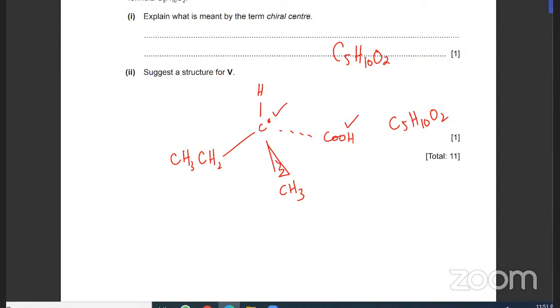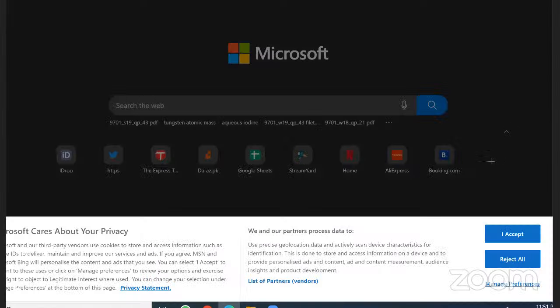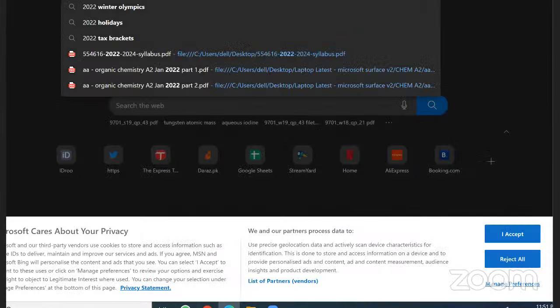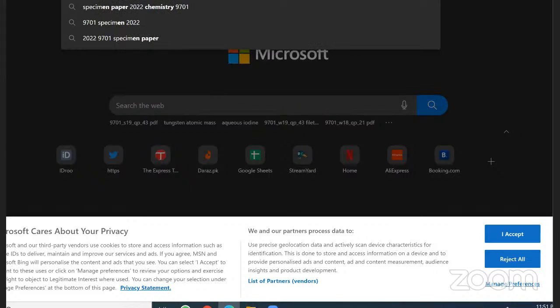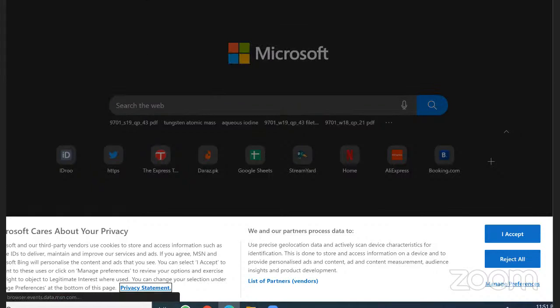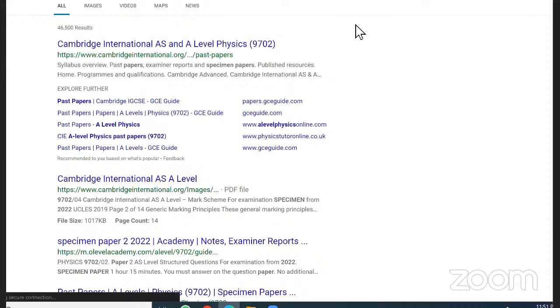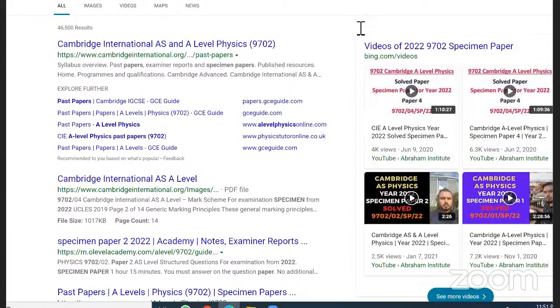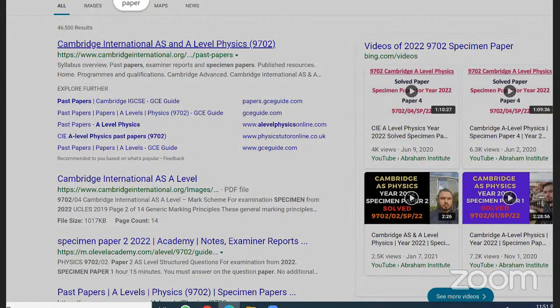First question of the 2022 specimen paper. Let me find the 9701 specimen paper. Just one second.